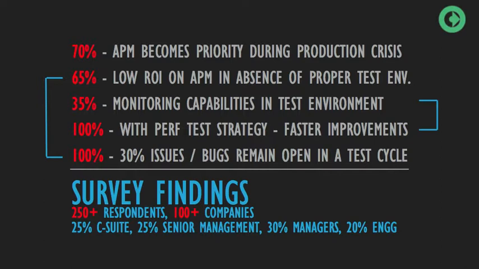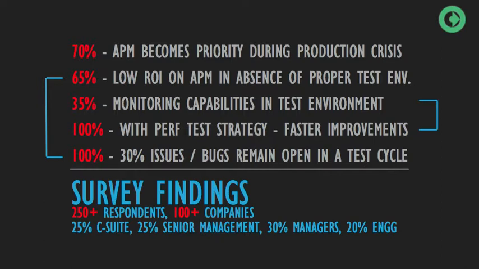65% of the respondents cited that even when they had APM in place, because of the absence of a proper test environment, they had a low return on investment on APM, which is Application Performance Management. 35% of the respondents admitted that they had monitoring capabilities within their test environment, and almost all of them had faster improvements because they had a good performance test strategy.